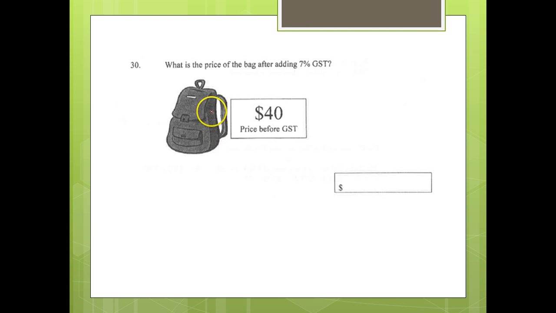Last question, 30. What is the price of the bag after adding 7% GST? GST, we know that the price goes up. This is the original price. 100% is $40. GST, 7%. Paid price would be 107%, right? Because you plus 7%.